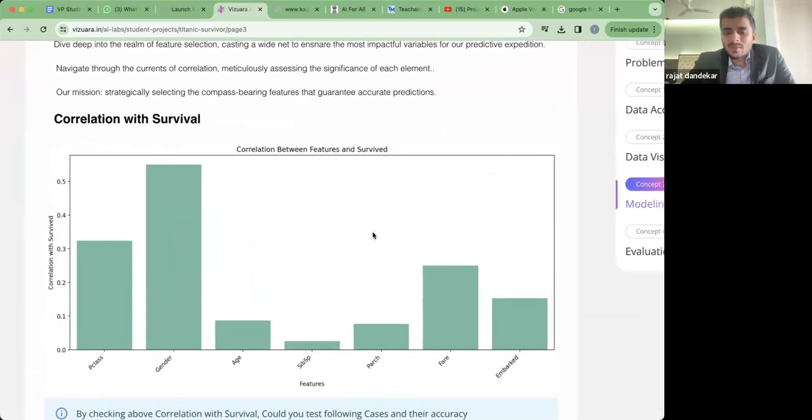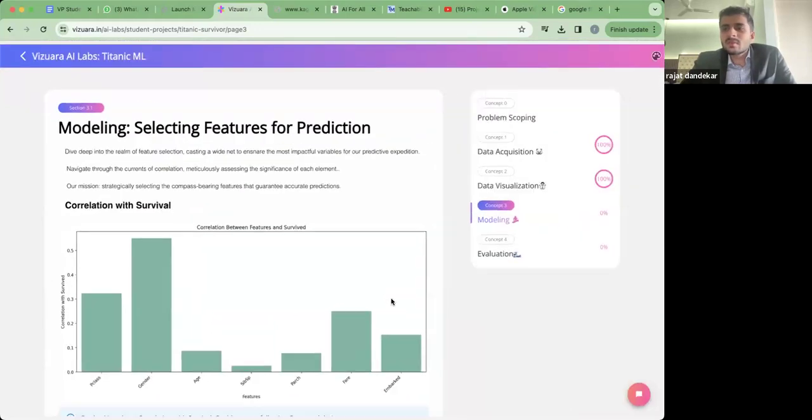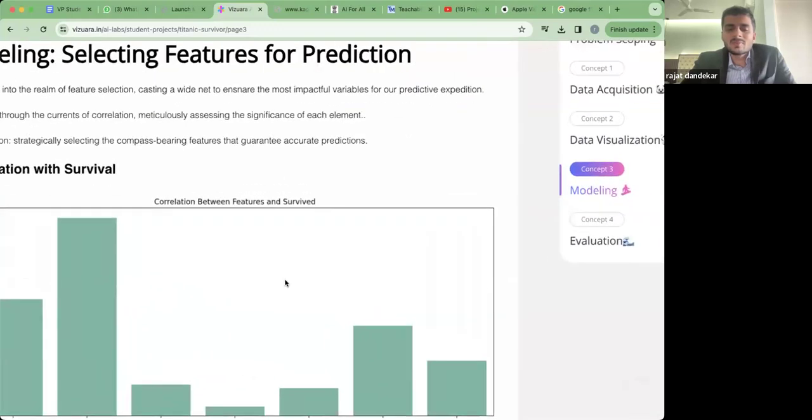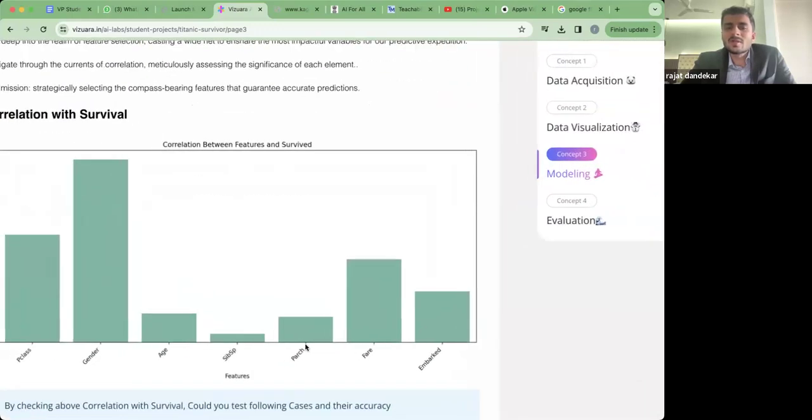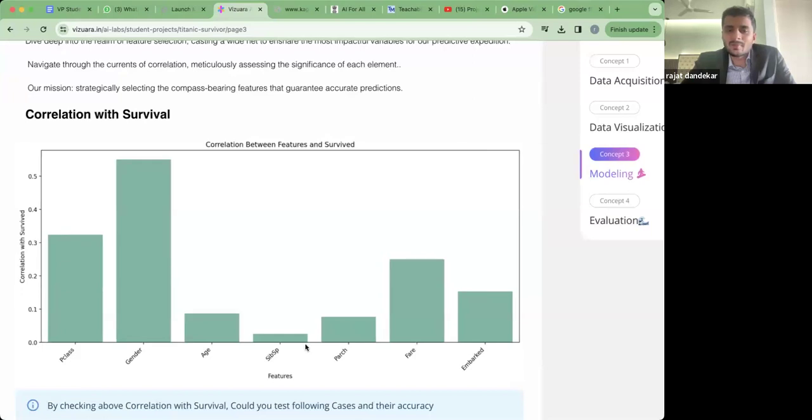For example, you can see here that Parch has a very low value, which means that Parch, I think, was the number of parents or children that were traveling with the passenger. So this is a particular parameter which is not related to the survival rate at all.